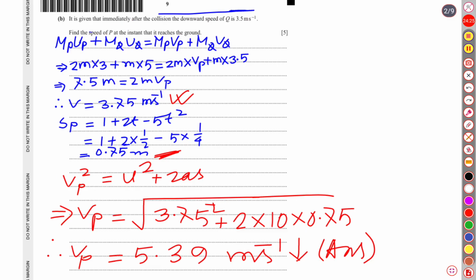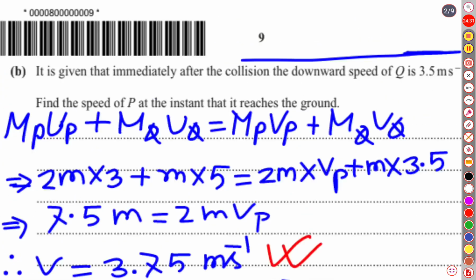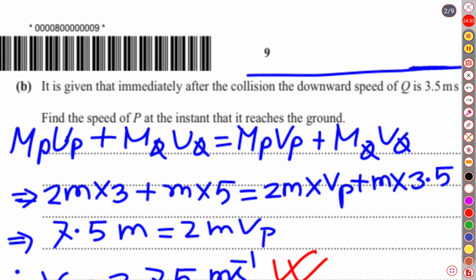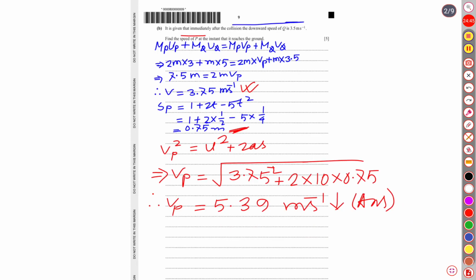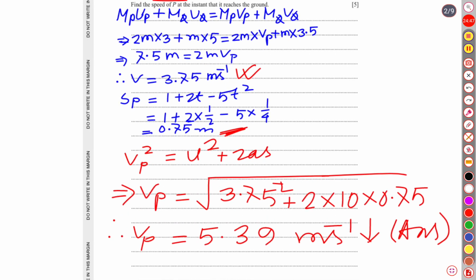Let me erase this. They have told us to find the speed. Look at this, here it is written find the speed, not direction, only the magnitude. The speed we have found is 5.39 meter per second, and the direction is downward because it was coming downward.